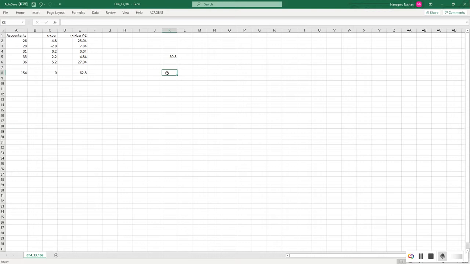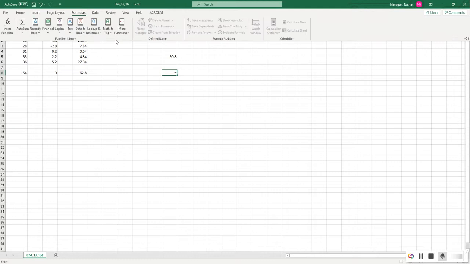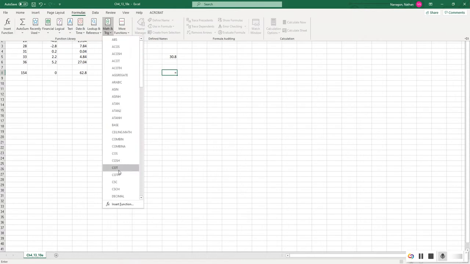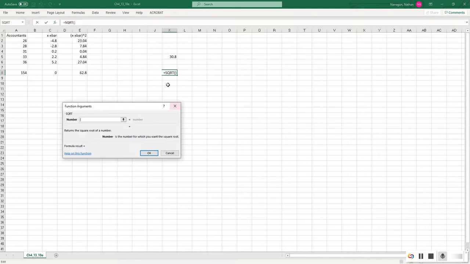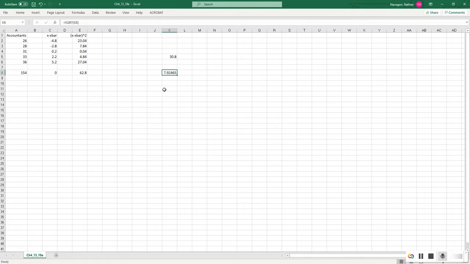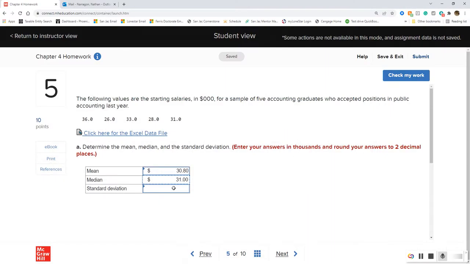Then all we do, equal, formulas, math and trig, find our square root. Square root of that number. So, our number, standard deviation, is of course 7.92, so forth and so on. Yep, 7.92.